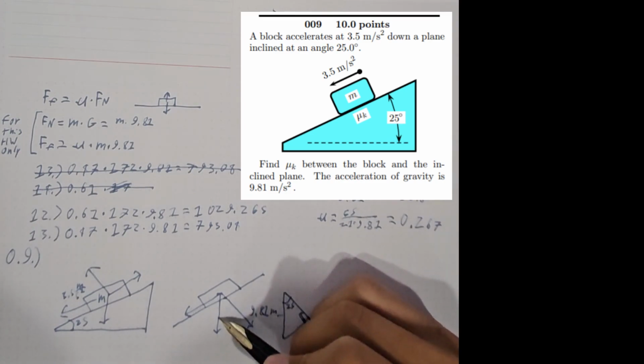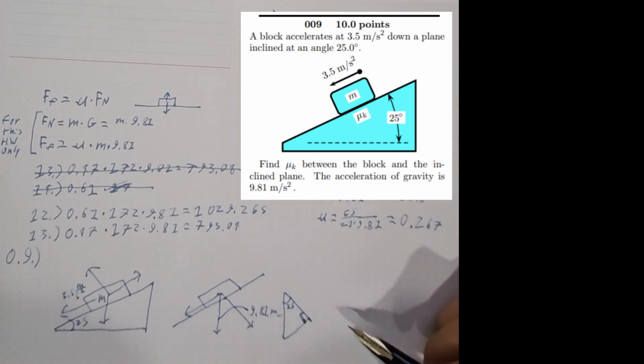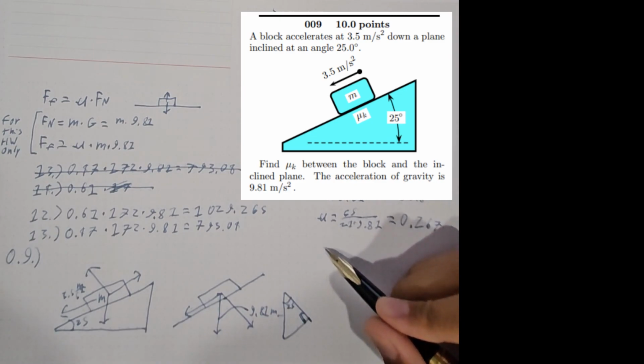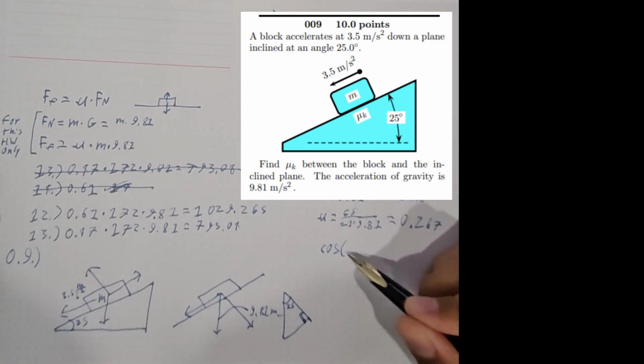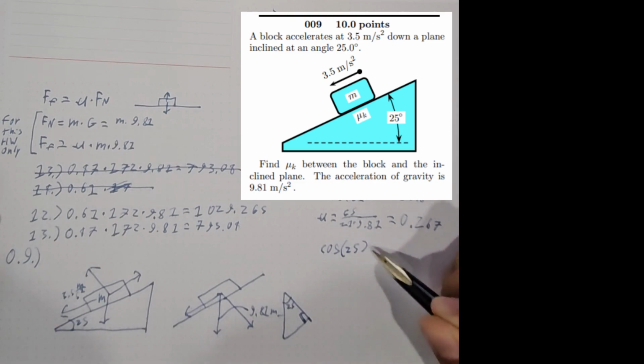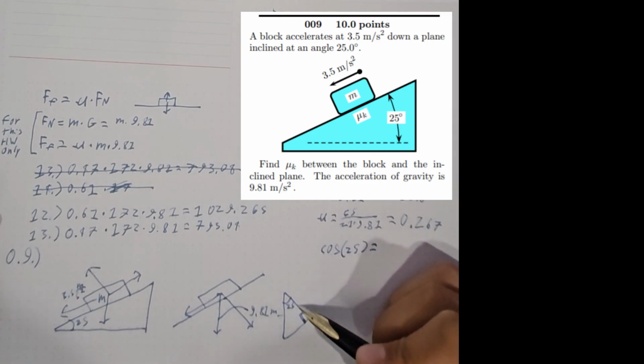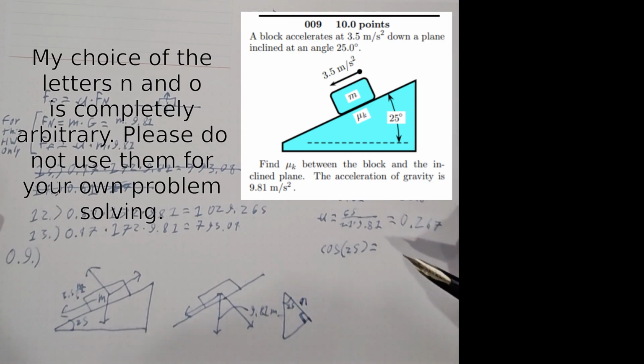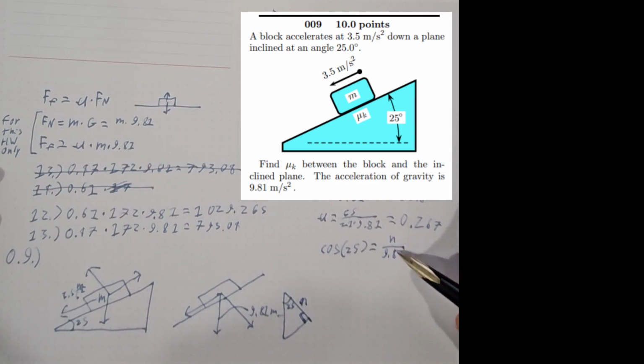So to find these two sides, you'll have the cosine of 25 degrees is equal to, I'll call this side n, for example, over 9.81 m.